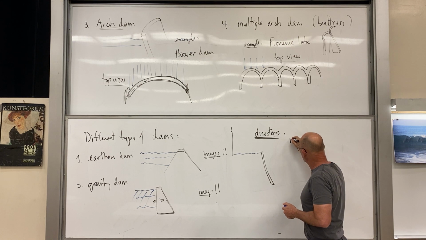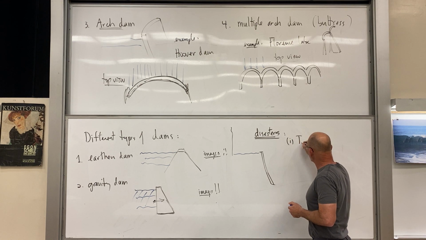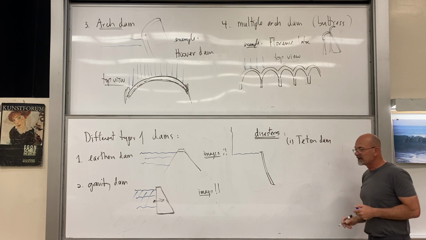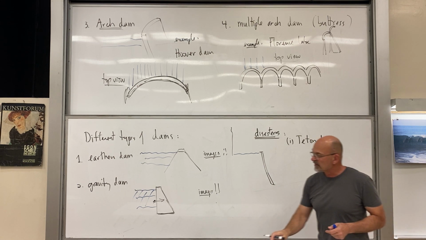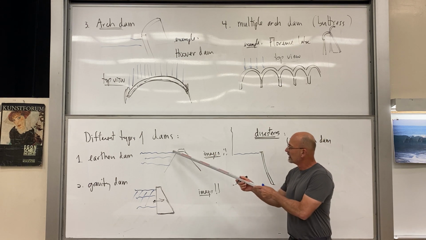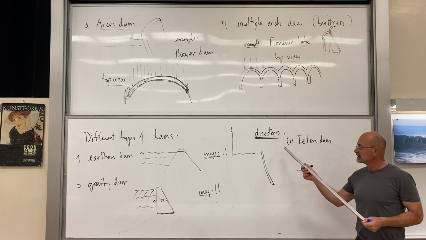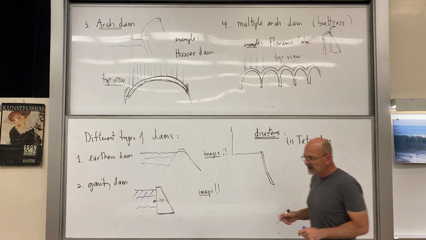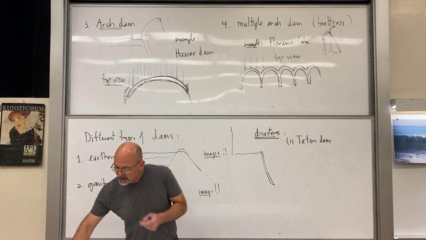One of them is the Teton Dam. Go ahead and put in Teton Dam. You're immediately going to see that it was of the earthen dam type, and there's actual footage of the dam break. And there was another interesting one.